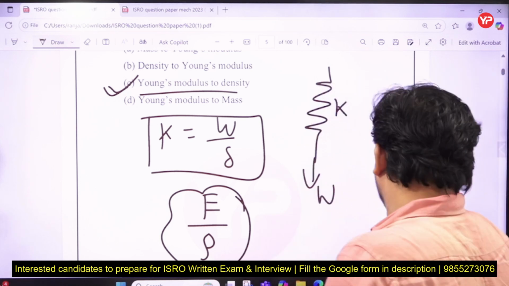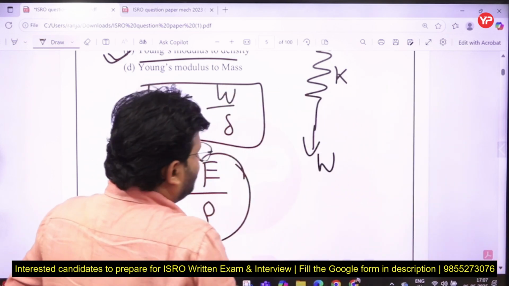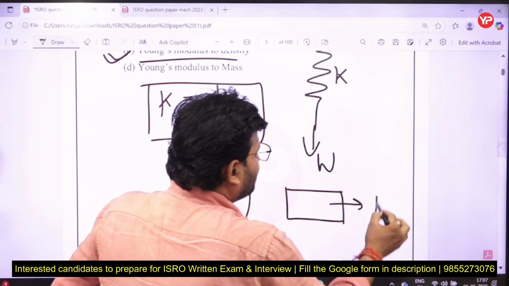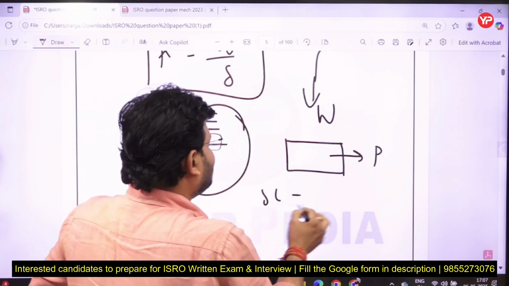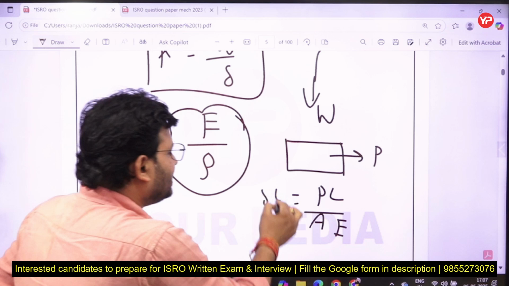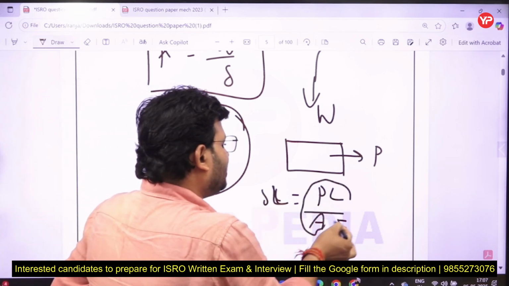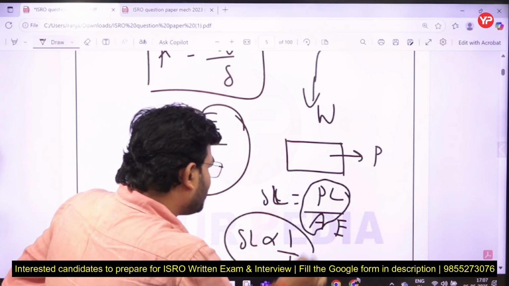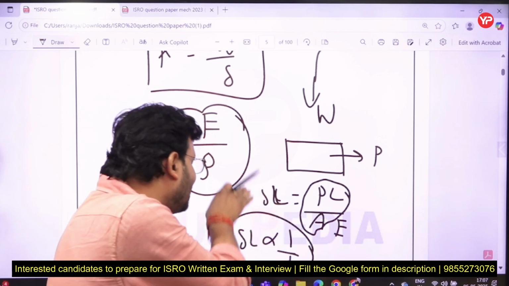You can correlate one thing: why is it called stiffness? Suppose this is an object and you apply a load P. This is a prismatic bar and the load is axial, so what will be the change in length? Change in length is PL upon AE. If P, L, A are all constant, then delta L is proportional to 1 upon E. So if Young's modulus is higher, delta L will be less.